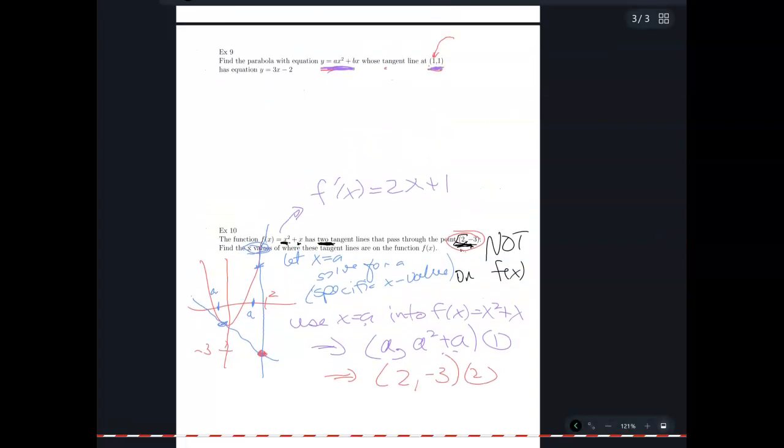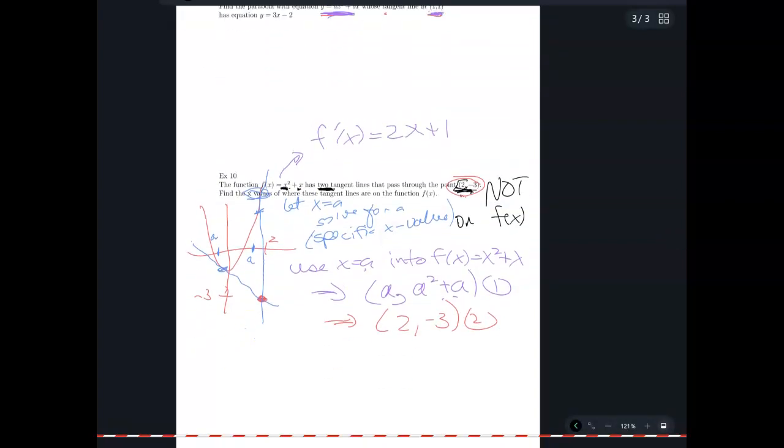So I want f prime of a. f prime of a gives me 2a plus 1. So this is the slope of the tangent line at my x equal a. Okay, so there's three things we just need to pick out and put together. Now I get to use these three things.